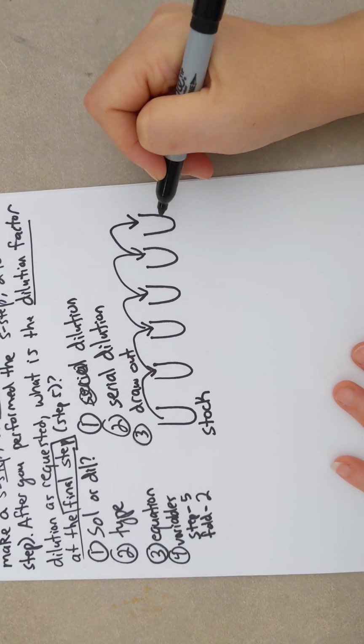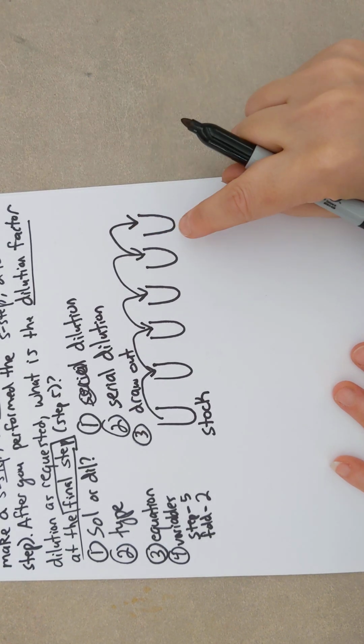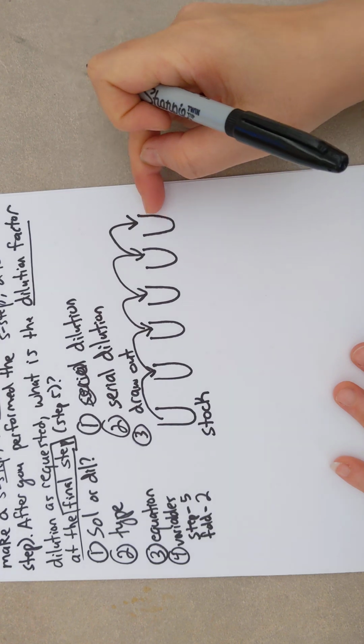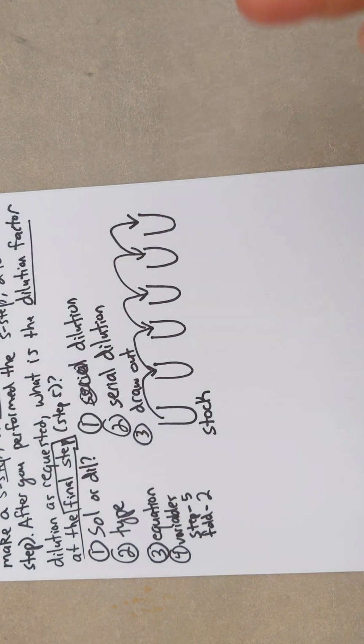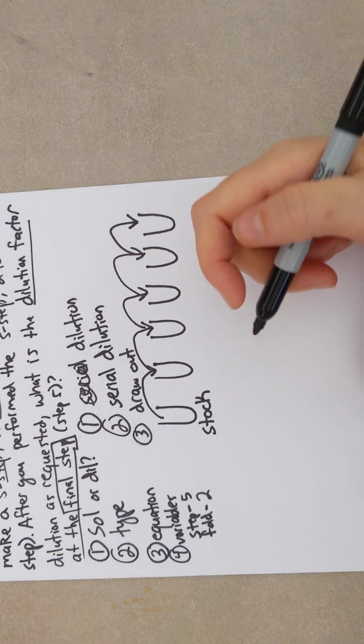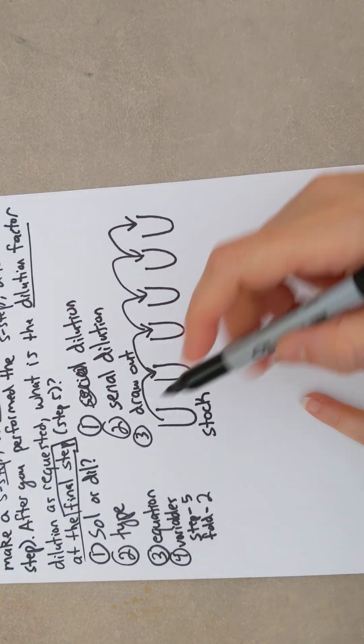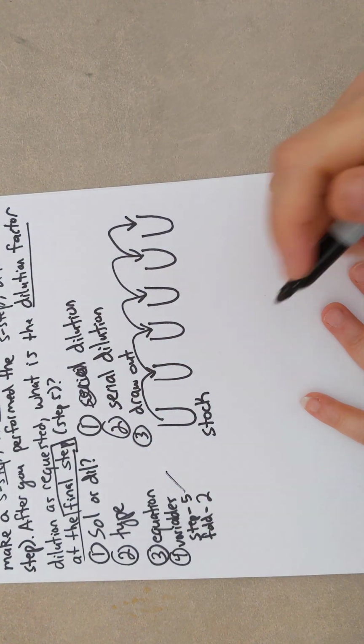This is really the dilution that we care about because that's where we're stopping. These other ones were just steps to get to what we actually wanted. Sometimes you want all of them. All right, so I've drawn it out. There's my 5. Check, taken care of my step.